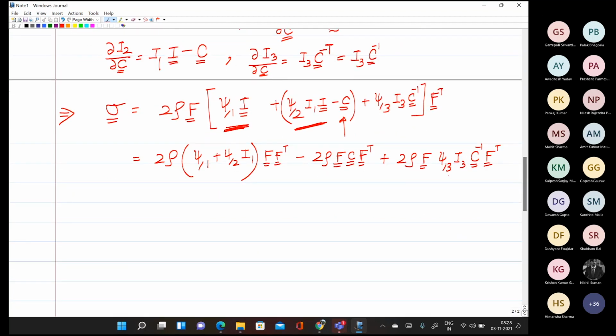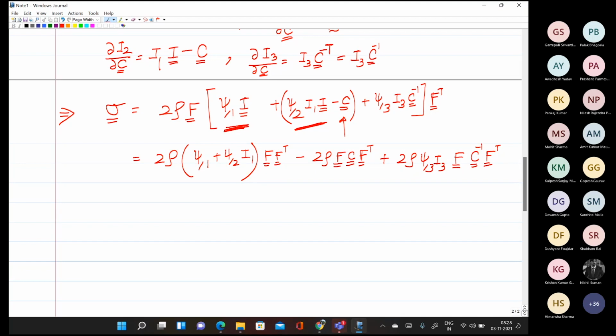Now we can further rewrite it, keeping all the scalars together, as psi comma 3 into I3 into F into C inverse into F transpose.